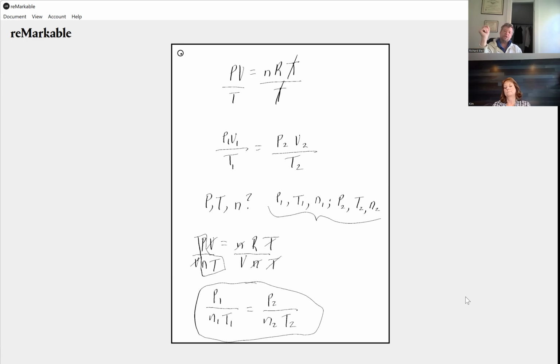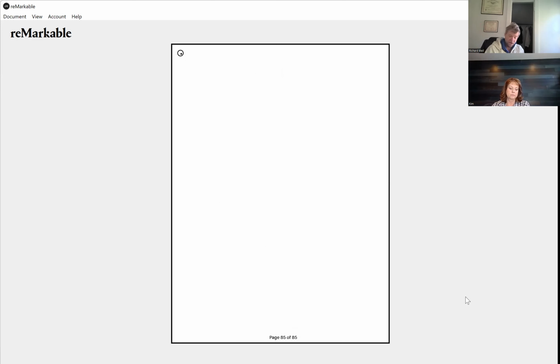And when we talk about stored energy in chemistry, we're talking about intermolecular forces, which is one of my favorite topics.